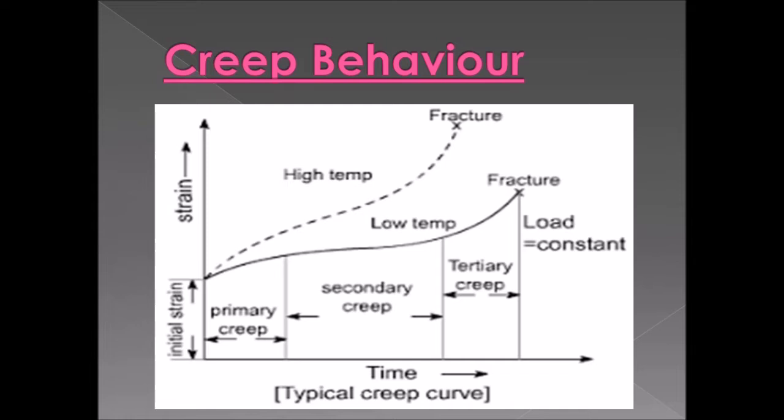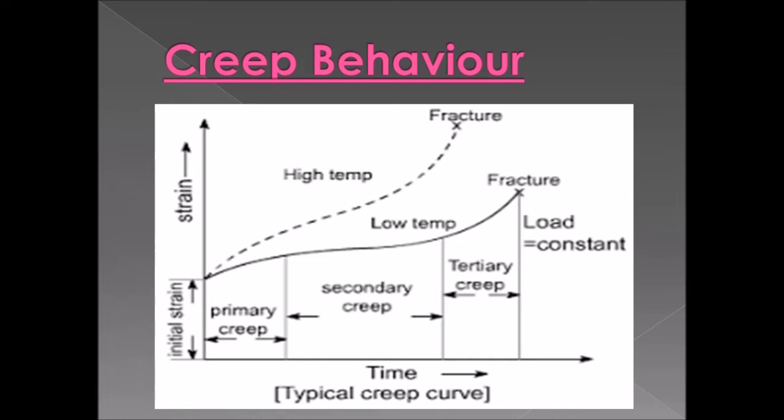Okay, so why is creep important? Because when creep strain goes on increasing with time, it will ultimately lead to loss of stiffness and strength of the bone. That means the bone will lose its stiffness and strength with repetitive loading as a result of creep strain.